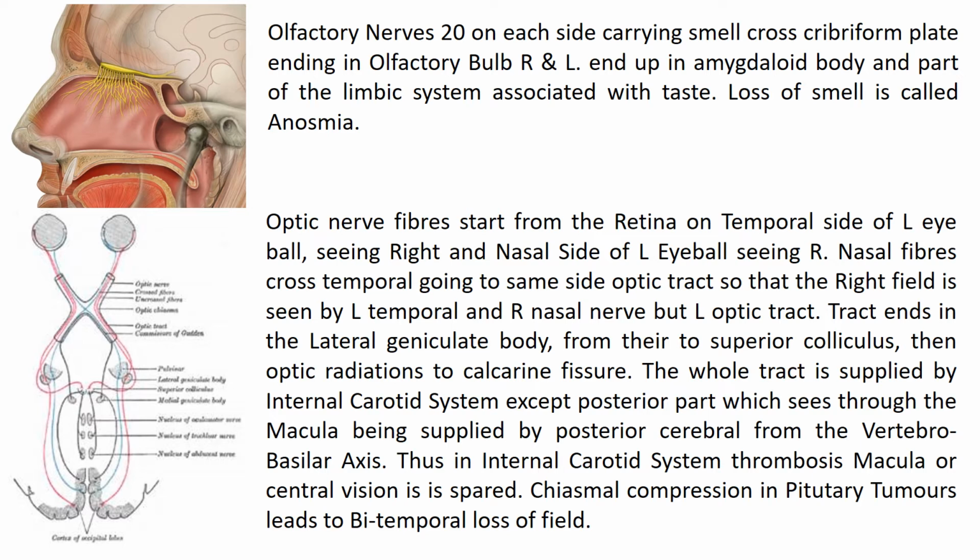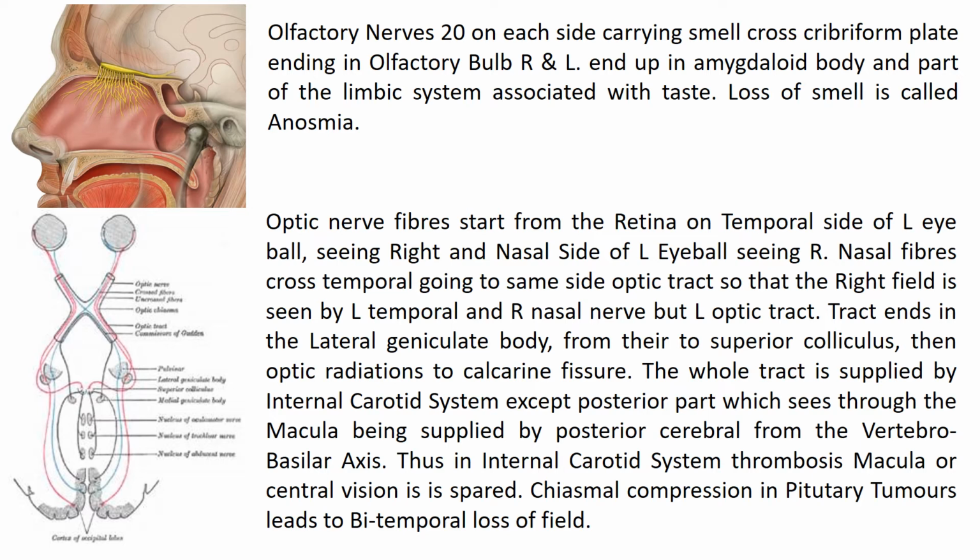The nasal fibers cross, temporal fibers go to the same side of the optic tract, so that the right field is seen by the left temporal and the right nasal nerve, through the left optic tract. The tract ends in the lateral geniculate body, from there to the superior colliculus, then optic radiations, then to the calcarine fissure.